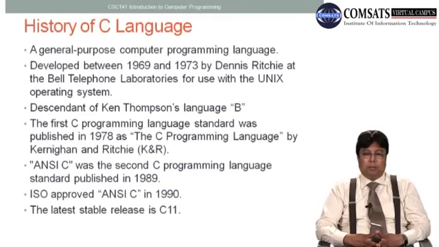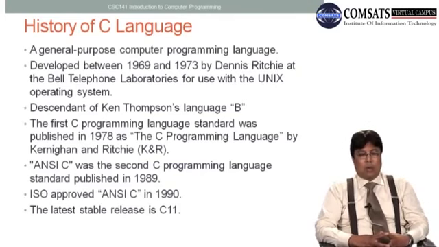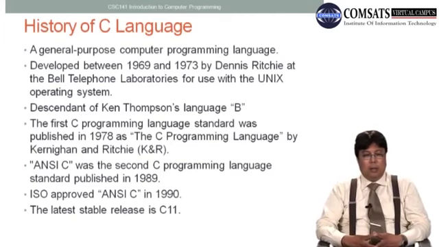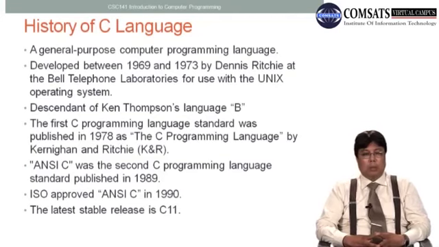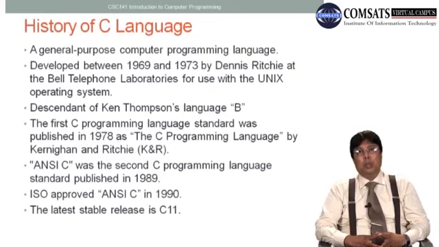It has different standards. The initial one was called K and R because it was Kernighan and Ritchie who produced the first standard in 1978, and these standards were published and people used the language by following them.